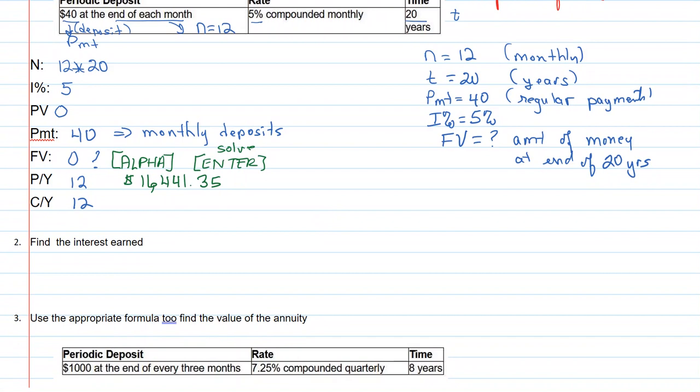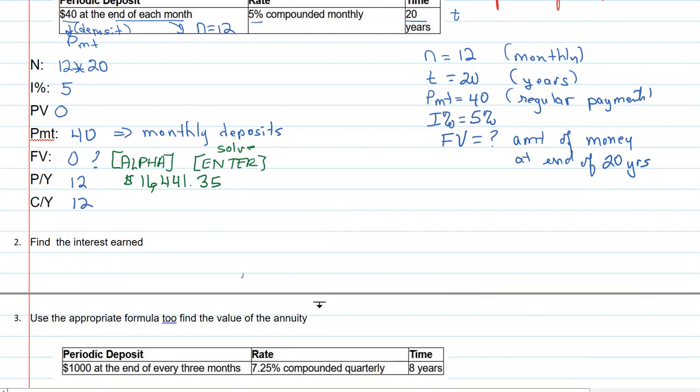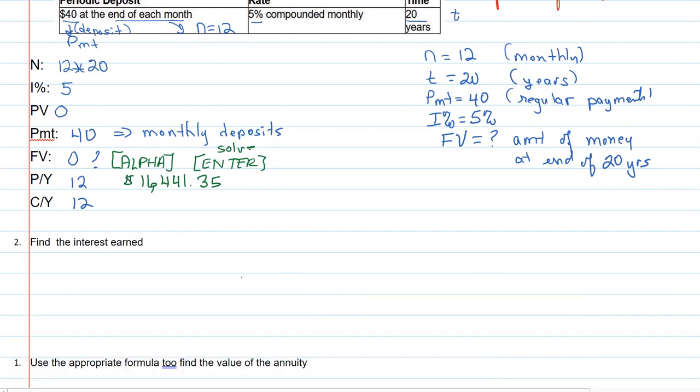And if you recall, when we did the interest earlier, I had a little formula using the notations of what we understand. Interest is our future value minus our deposits, we call them payments, times the number of payments per year, times the years.